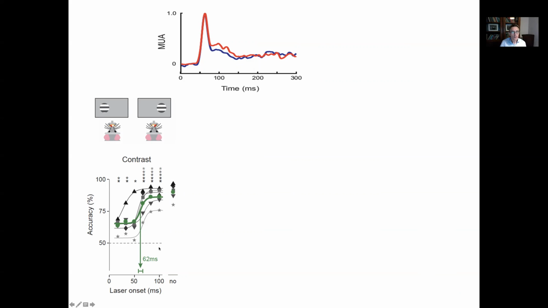So apparently in this task, the mouse only needs about 70 milliseconds of the V1 response. Actually less of the V1 response, because it's triggered after about 50 milliseconds. So about 20 milliseconds of V1 activity is enough for ceiling performance, as if the higher areas then take over and V1 only acts as a relay station.